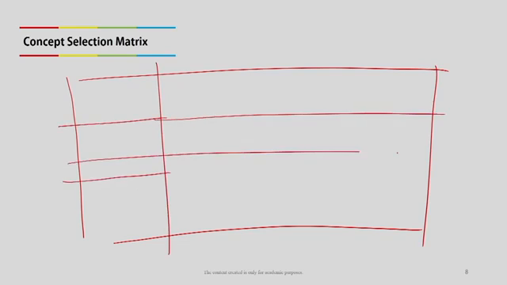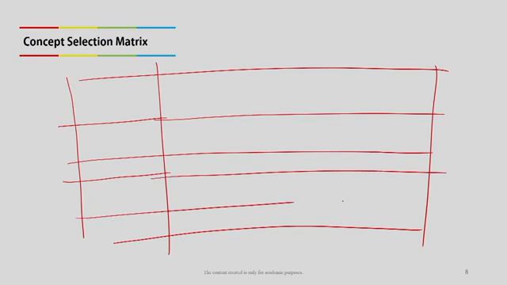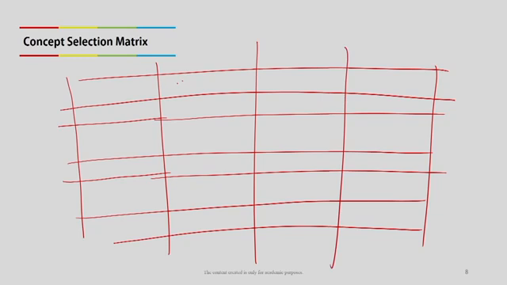Now let us discuss the concept selection matrix. For example, you have concept 1, concept 2 and concept 3, as well as multiple constraints or criteria.